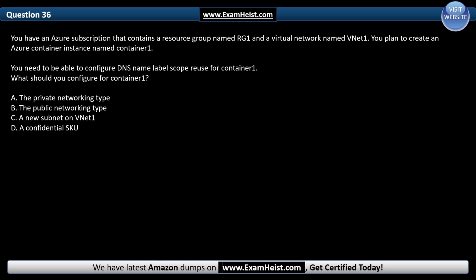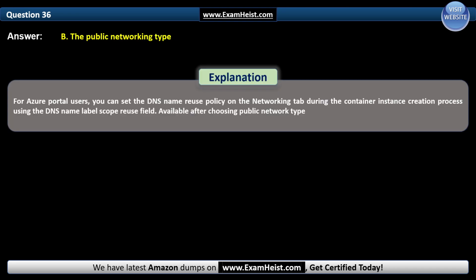The correct option is B. The public networking type. For Azure portal users, you can set the DNS name reuse policy on the networking tab during the container instance creation process using the DNS name label scope reuse field, available after choosing public network type.